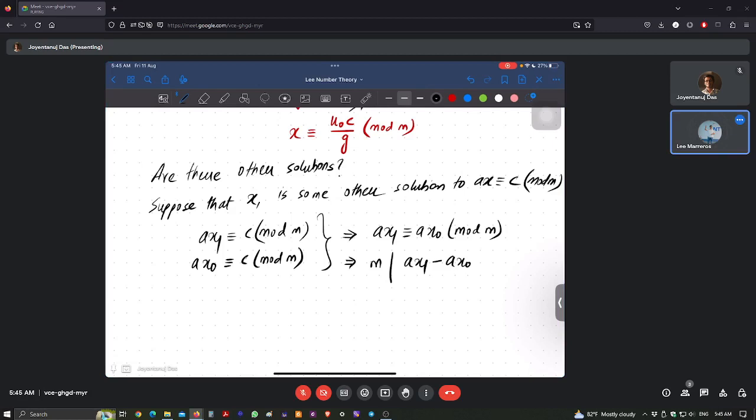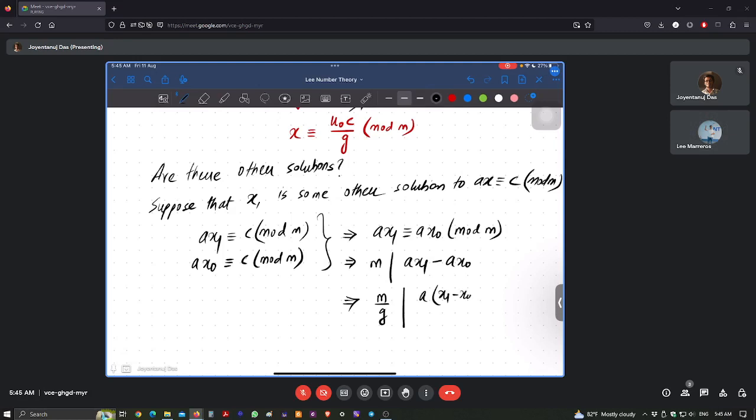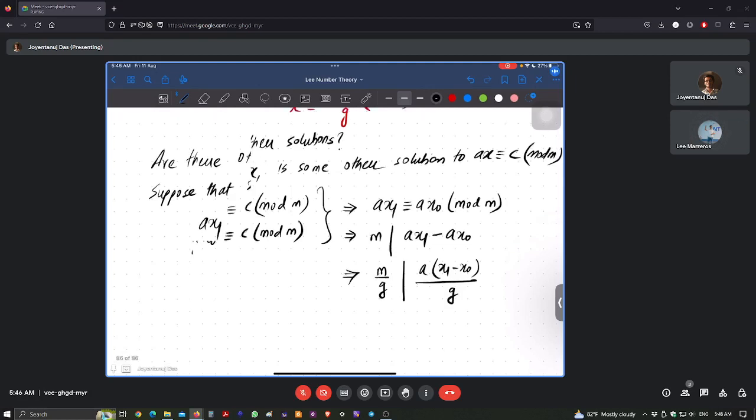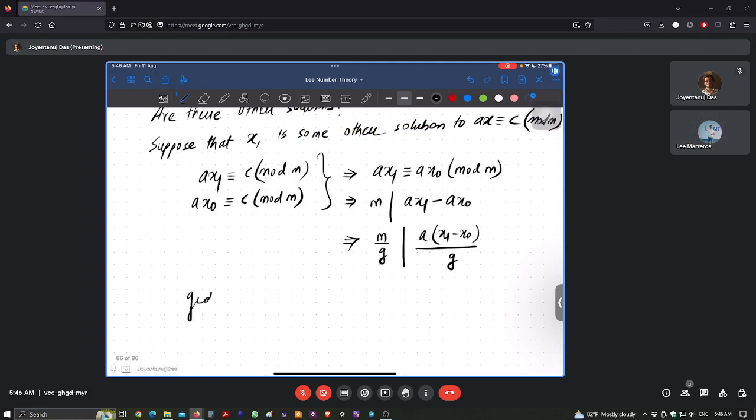so since G is the GCD, M by G must also divide A times (x1 minus x0) by G, because A and M have GCD G. So the GCD of A by G and M by G is 1.